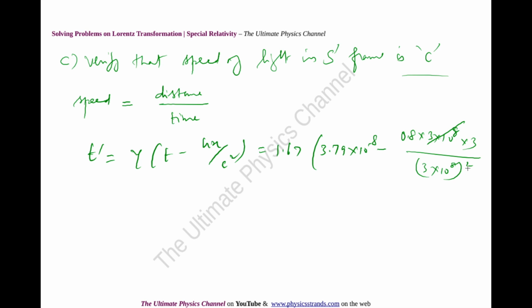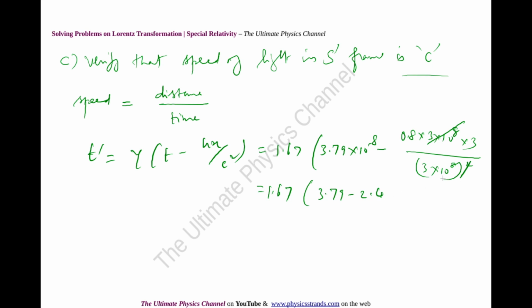So this 3 and this one thing square will cancel. The remaining things is 2.4, 3.79. So it is 1.67 times 3.79 minus 2.4 because 0.8 into 3.